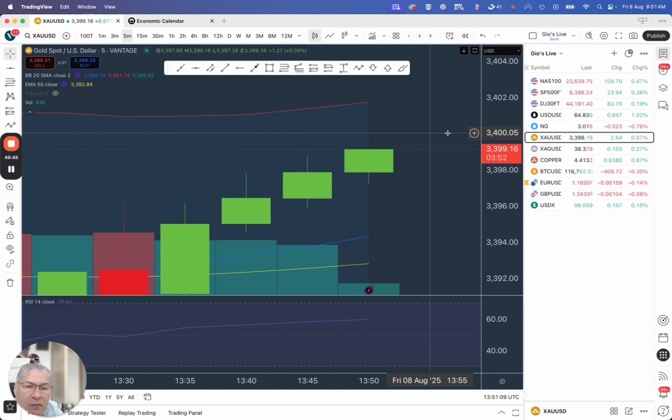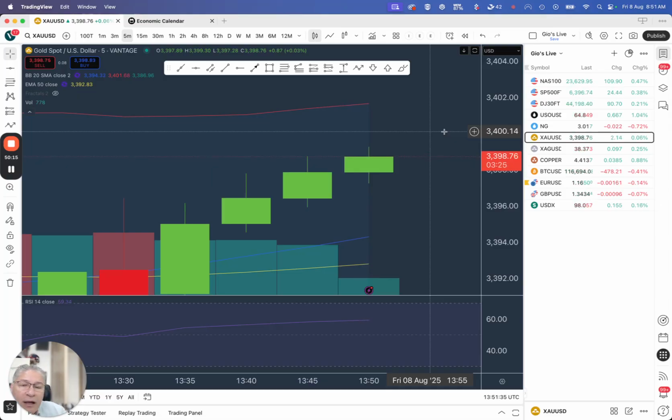RSI is still not in overbought territory. So let's see. Has it just been that push higher? In order for us to have a winning trade, if we are already making money, should we be able to take some off as we're earning?